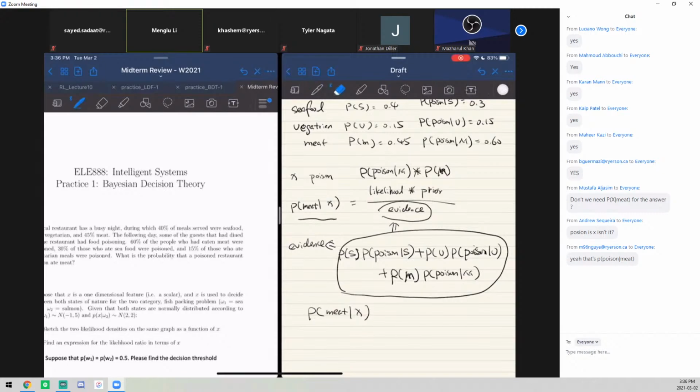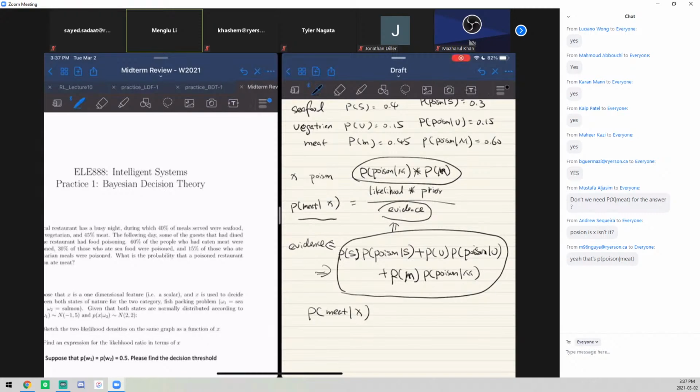I just leave the calculation part to you, but the equation is already here. The denominator is this part, and the upper part is here. So the formula is already here.